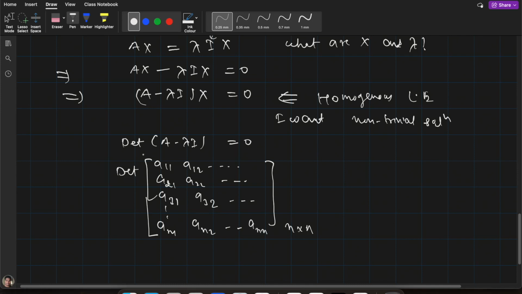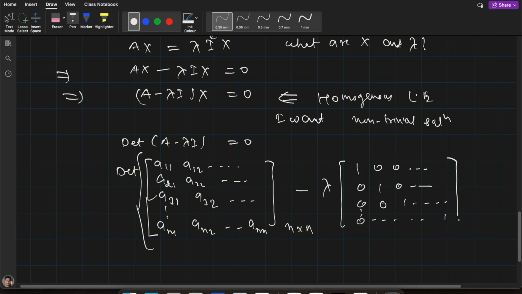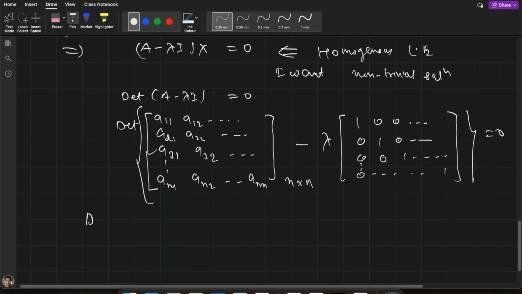Okay, so this matrix minus lambda times the identity matrix should be equal to 0. So what is the determinant?